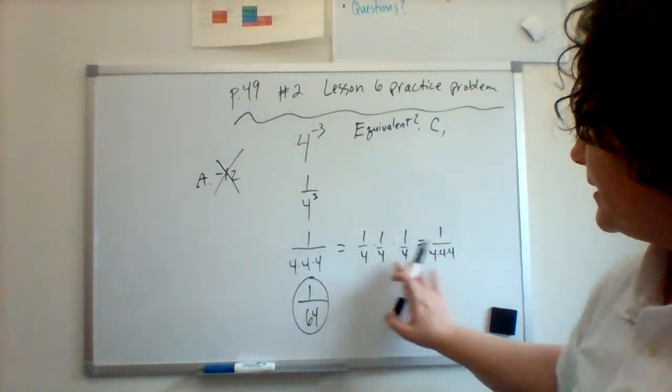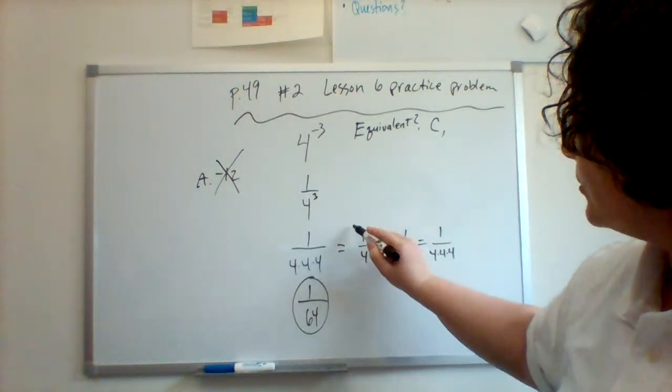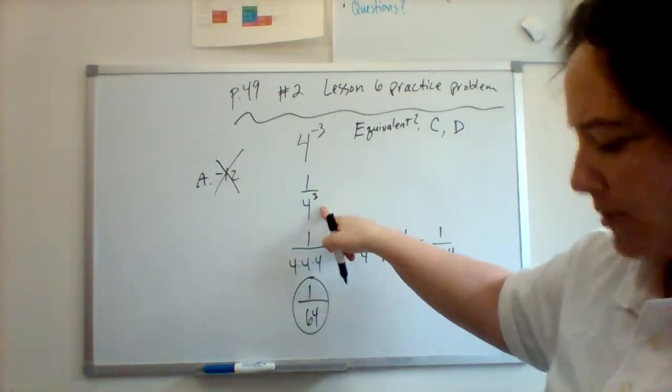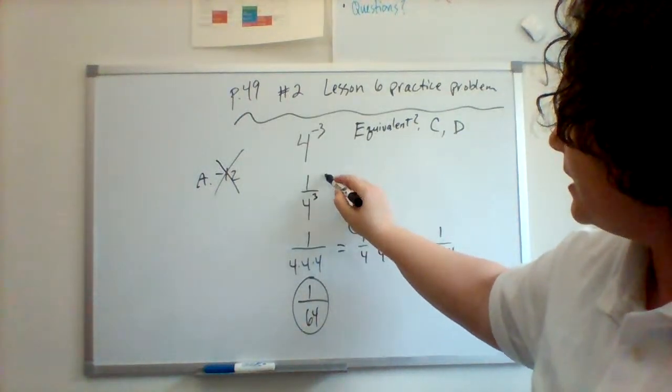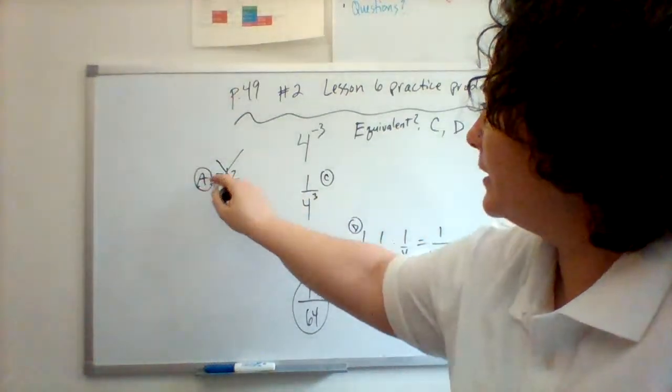So this one is actually letter D. So this one is letter D, and it's okay. This one was letter C, and it's okay. That one is not okay.